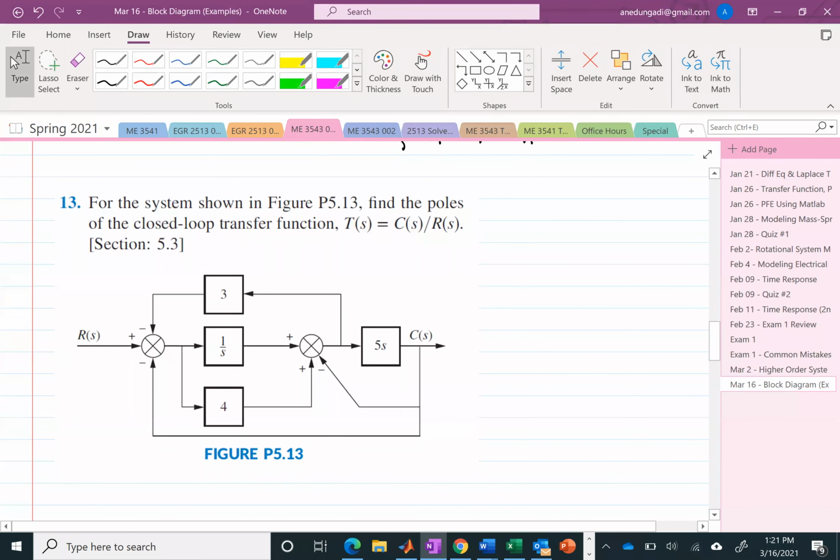Okay, let's look at this block reduction problem. The first thing that I do is I look for the three forms: cascade, parallel, or feedback. If I look at this here, do you recognize anything right off the bat?